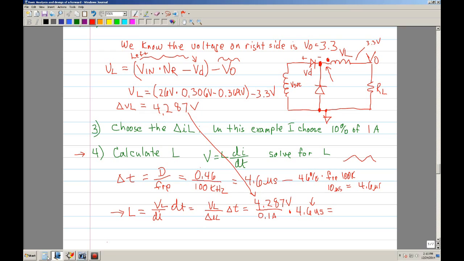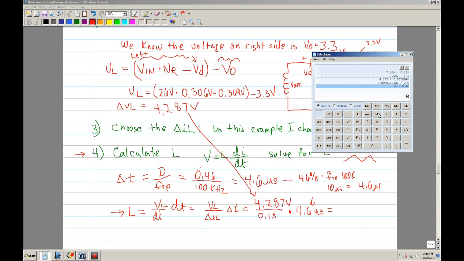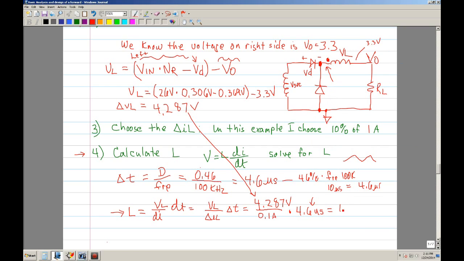So we'll go ahead and do that. 4.287 times 0.0000046 divided by 0.1, and that's 197 microhenries.